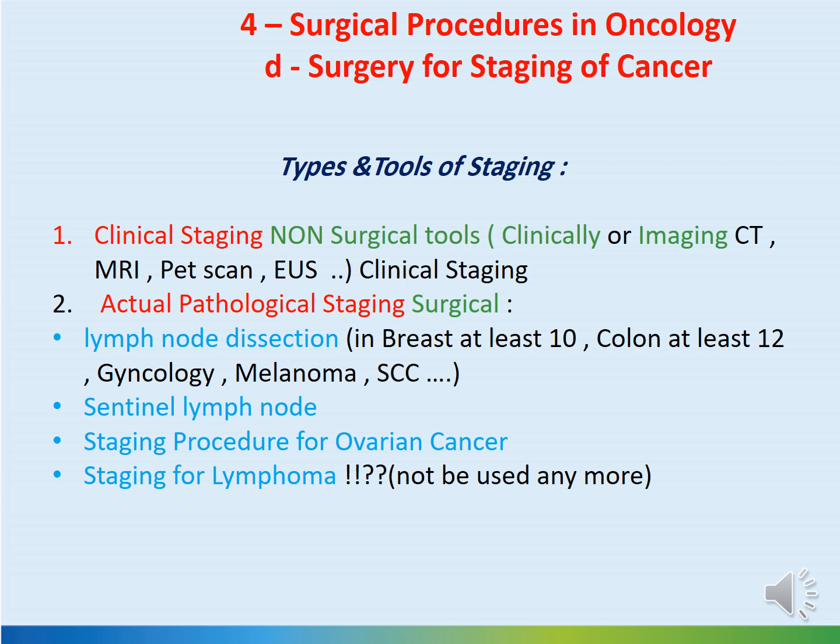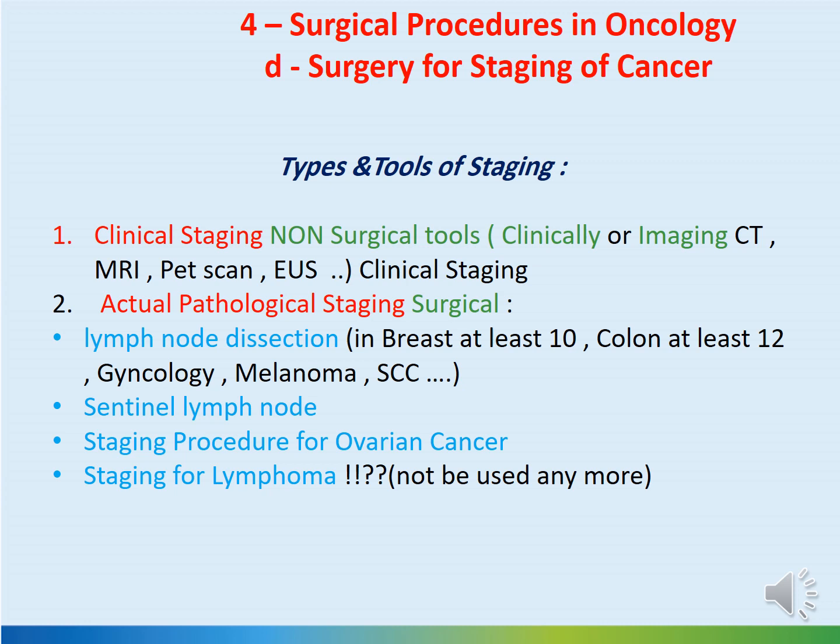We also have one famous example, but nowadays we are not using it. Before, we were doing surgery just to stage lymphoma. We took biopsies from several parts of the body above the diaphragm or below the diaphragm just to know which stage the lymphoma was.